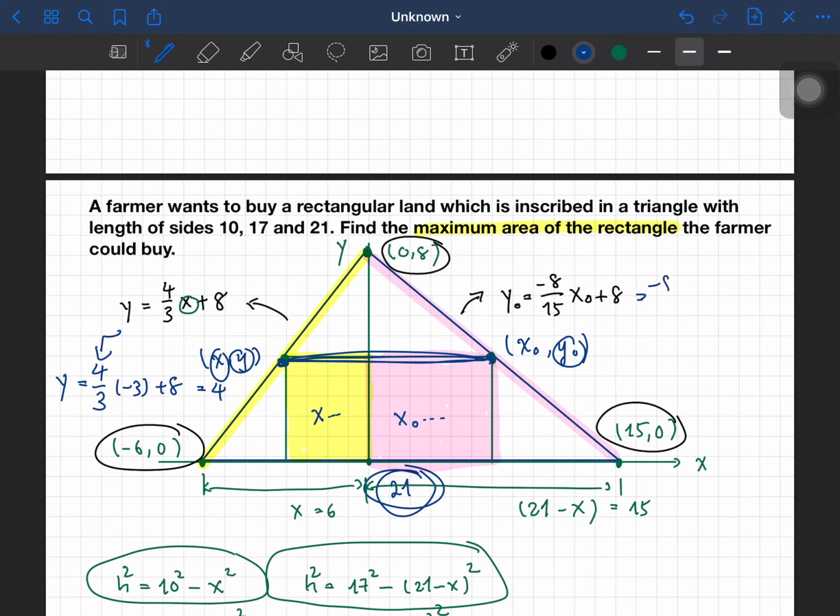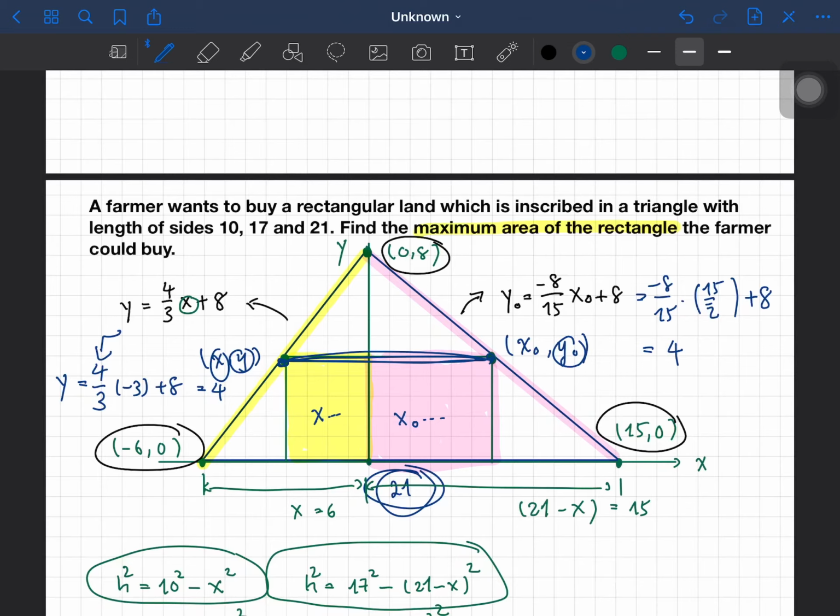So we have -8 over 15 times 15 over 2, and then plus 8. And this gives you -4 plus 8, and you will also get y naught equals 4. So both of these x and x naught values make really good sense, because y and y naught both equal 4.